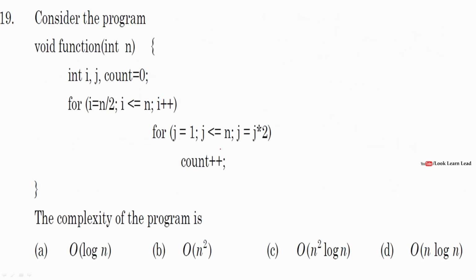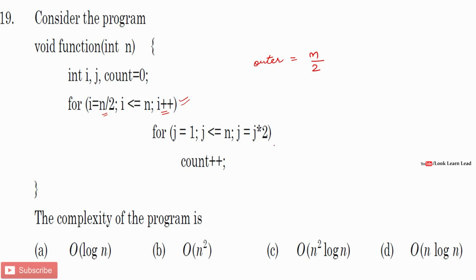Next. This is a program and you have to find the complexity of the program. Okay, let's see. We have two loops over here, this and this. In this loop we are just incrementing i up to n by 2. So the first loop, the outer loop, would run n by 2 times.